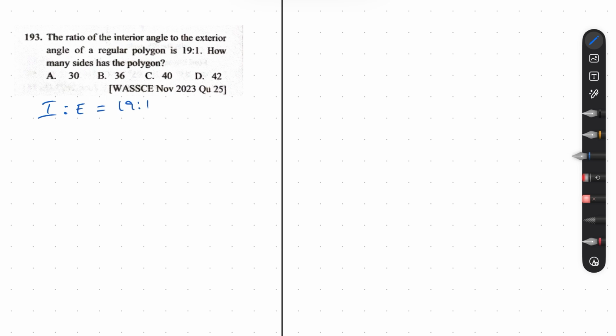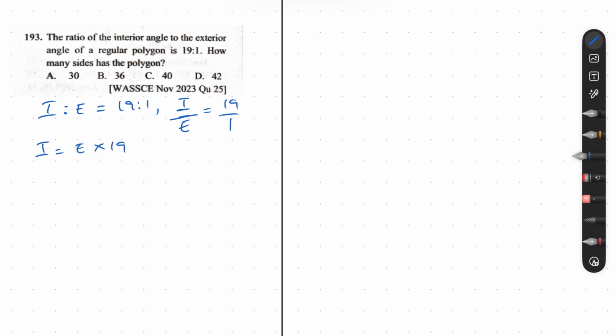So we can change this into a fraction. That means we'd have I over E equal to 19/1. So if we cross multiply, we would have interior angle is equal to exterior angle times 19.